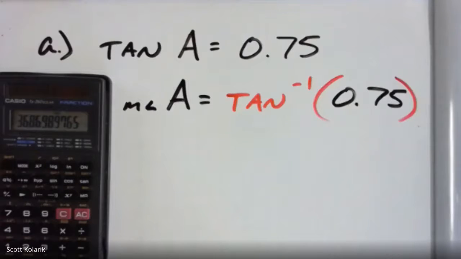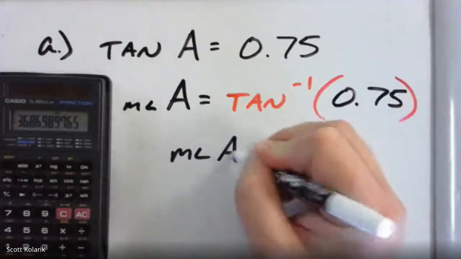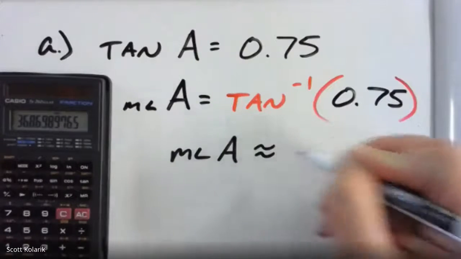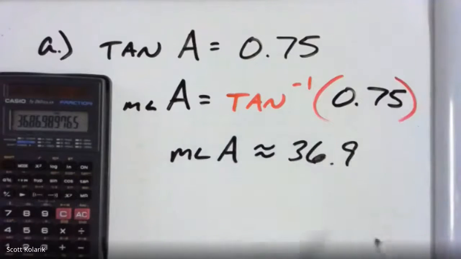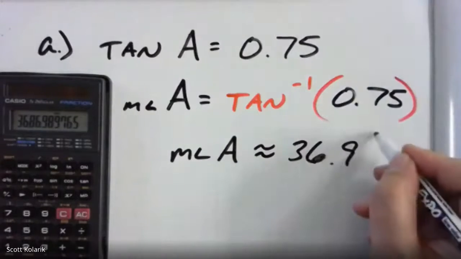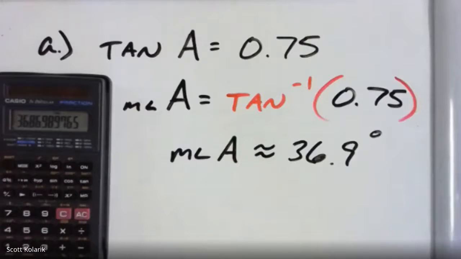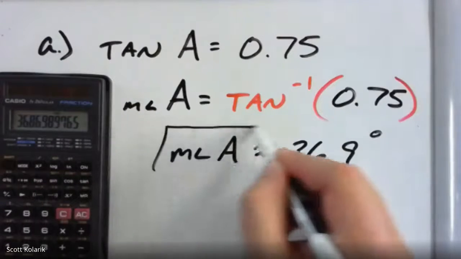I get this decimal result. It comes out to 36.86989, yada, yada, yada. It's another gross decimal, but essentially here's what's happening. Let me round this to the nearest tenth. Measurement of angle A came out to approximately, again rounded to the nearest tenth, 36.9. 36.9 what? This is in degrees. I've just discovered an angle measurement.